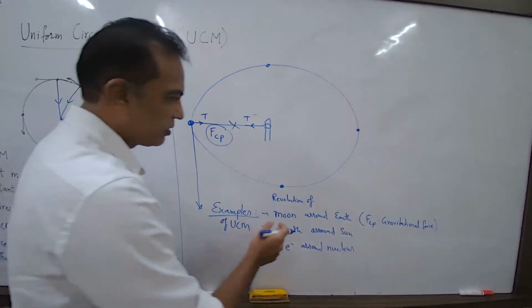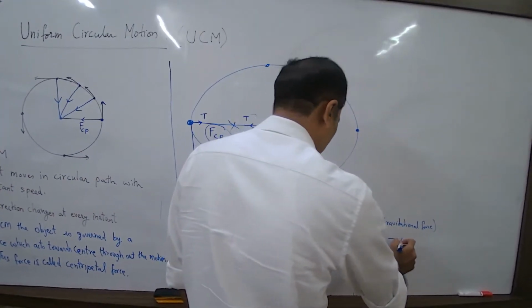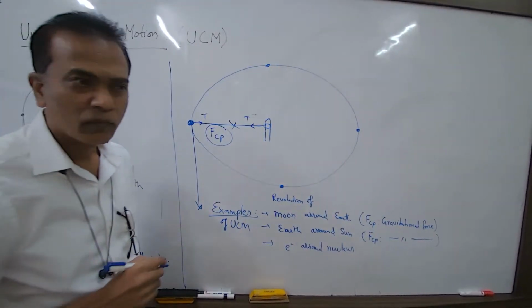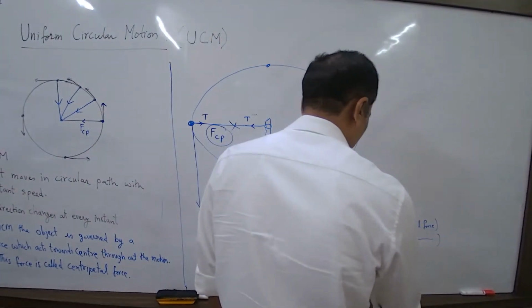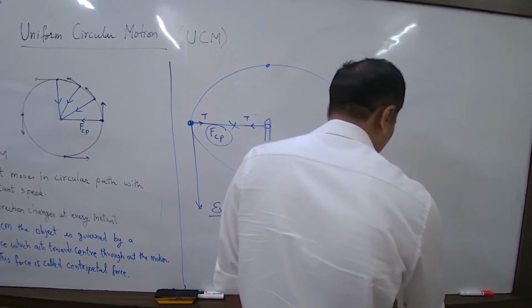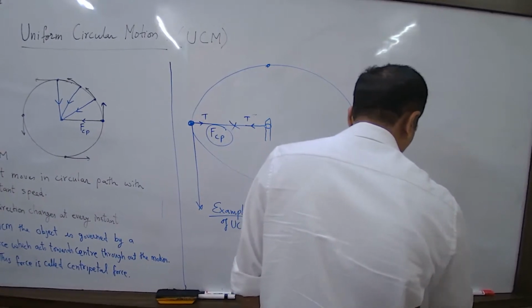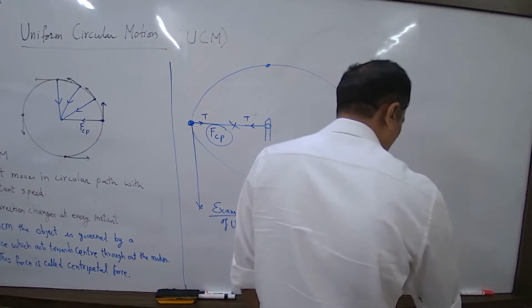In the case of Earth around the Sun, what is the centripetal force? Gravitational force. What about the electron around the nucleus? Yes, it is the electrostatic force, or the electric force. Since the charge is moving, don't use static.